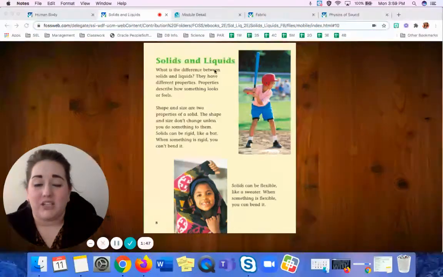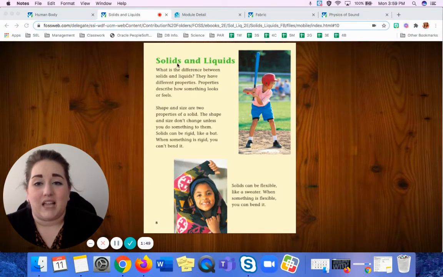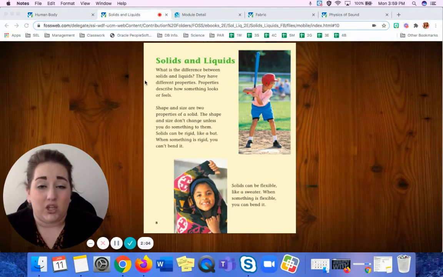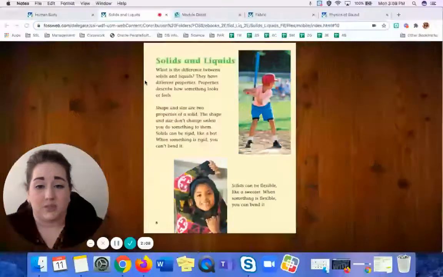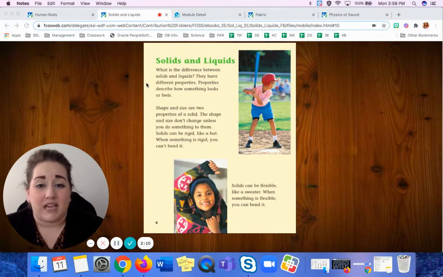So here on page 8, we're going to read the story Solids and Liquids. What is the difference between solids and liquids? They have different properties. Properties describe how something looks and feels. Shape and size are two properties of a solid.